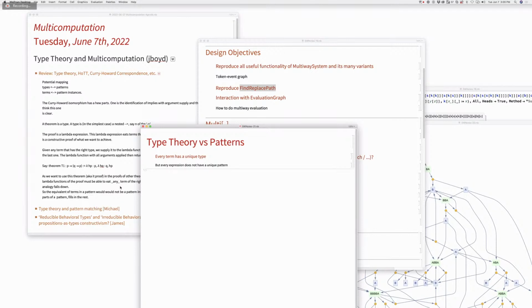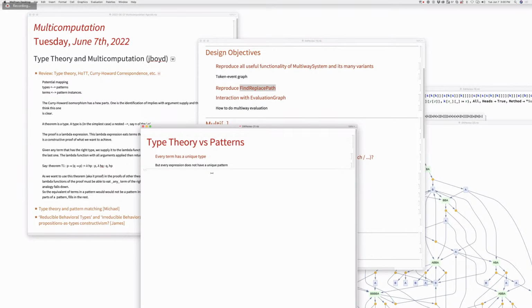So as far as I understand, one can develop, for example, all of lambda calculus and the calculus of constructions with terms having unique types. One could add subtyping, but it's a complication that in principle is not needed. And I think something similar could happen with expressions and patterns. We could consider a situation in which every expression belongs only to one pattern. It's just that it's not our case.